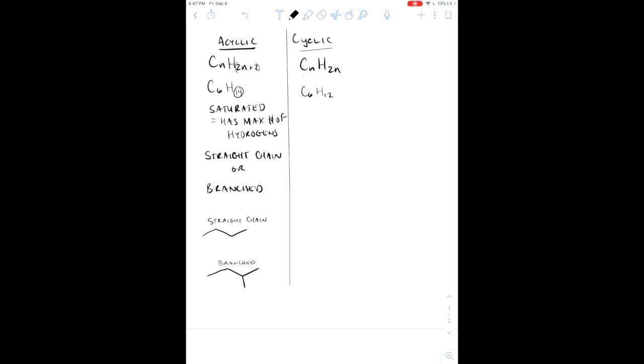Let's just make a cyclohexane, okay? Cyclohexane has 6 carbons, and it is a hexagon, right? If we explicitly draw the hydrogens, we can count 1 through 12. So that's 12 hydrogens, which is just proof of the concept.